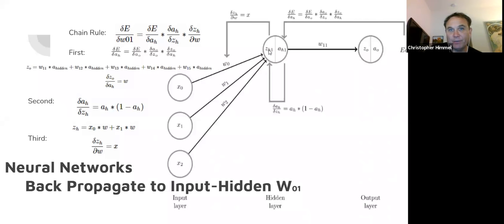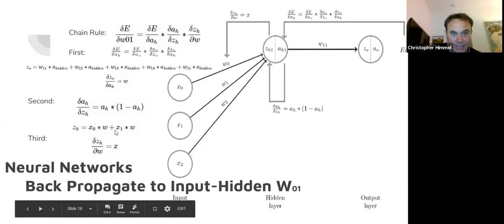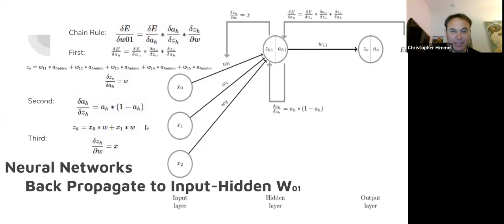Partial of AH with respect to ZH. That's just the derivative of our sigmoid. Simple. It's that same function, AH times 1 minus AH. And then we need to calculate this contribution, or this partial ZH to the W, which if we do that, we can write that Z as this weighted sum, what they did here. Take the partial, and they dropped off the bias, I'm not sure why they did that.